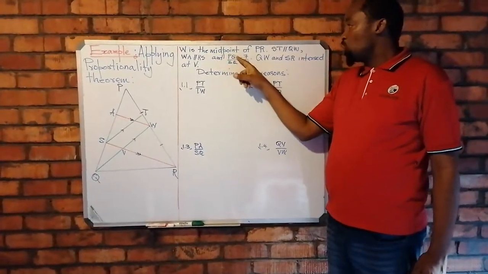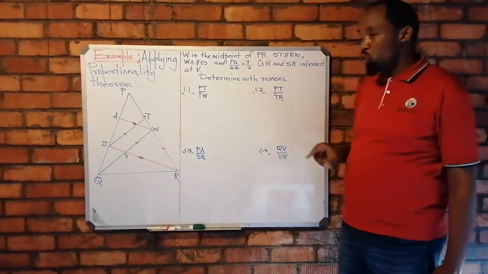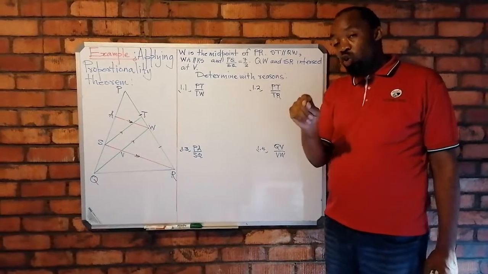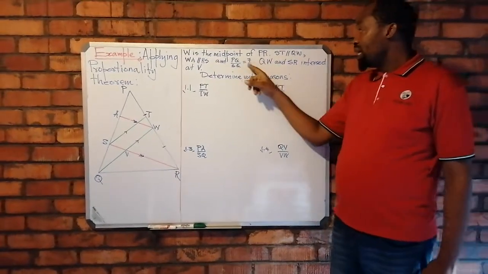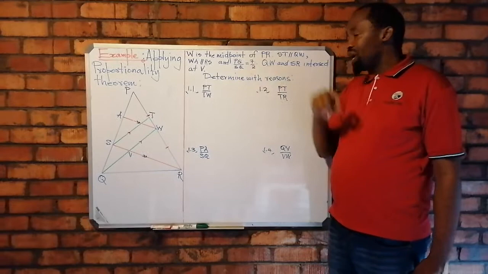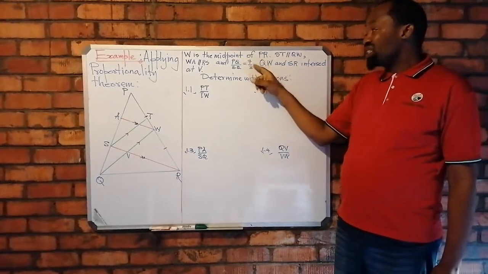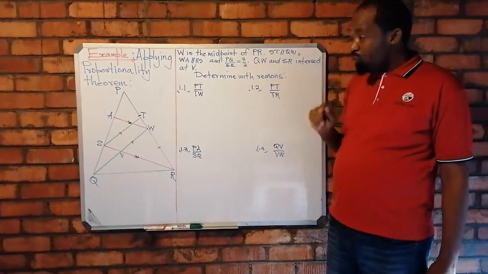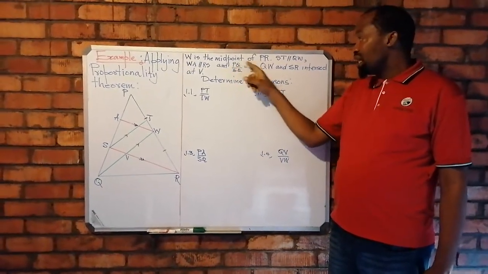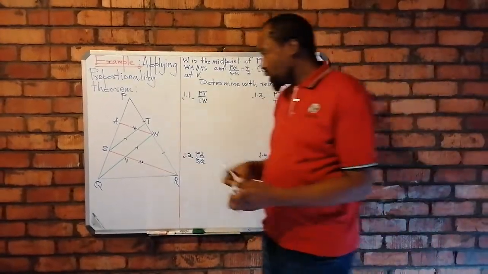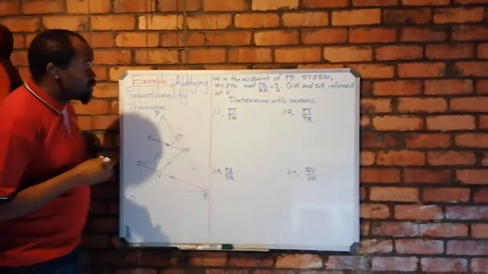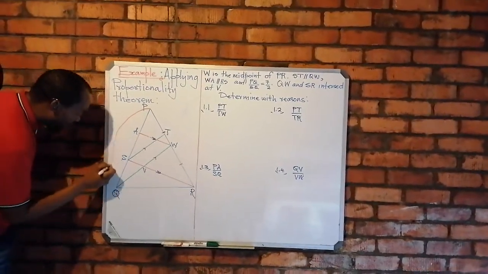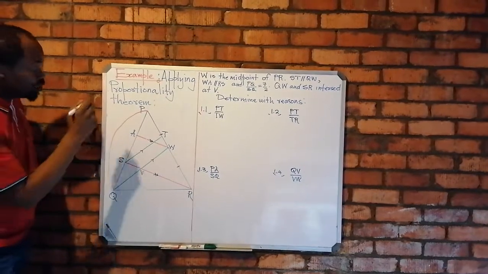And PQ divided by SQ, which can also be written as a ratio of PQ is to SQ, is equal to 7 divided by 2. Remember now, this is the ratio. It is not the length. Now, I'll go to my diagram and put this ratio. PQ, from there up to there, is said to be 7.